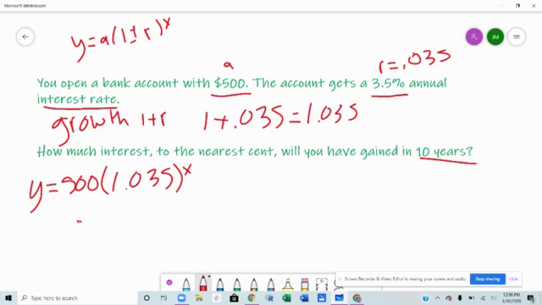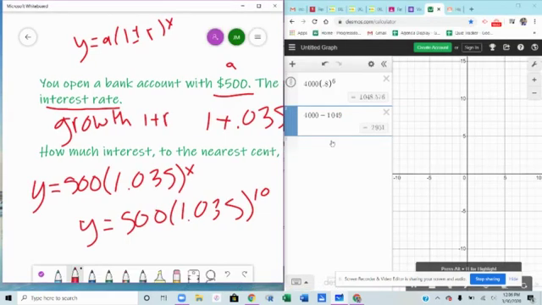So we're going to do 500 times 1.035 to the power of 10. And it does say we're going to round things to the nearest cent. So 705, and we're going to round that to 30 cents.